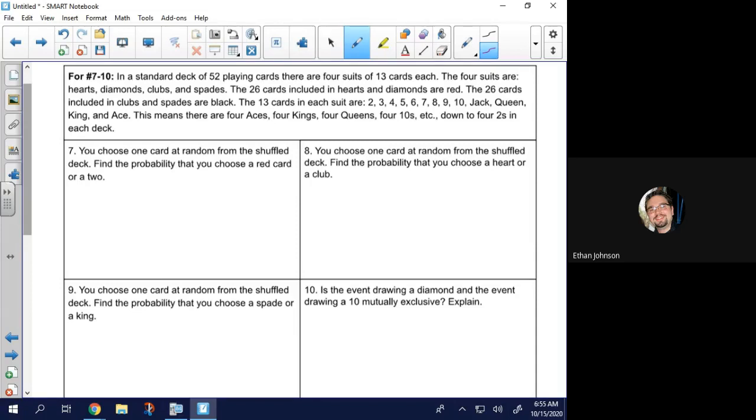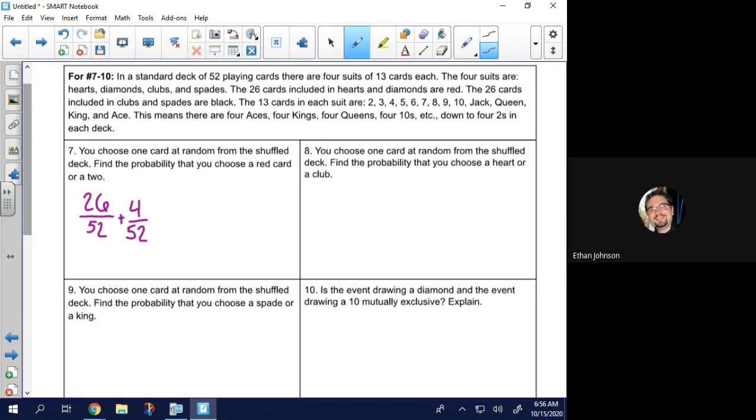Question 7 says, you choose one card at random from the shuffled deck. The probability that you choose a red card or a 2. Well, reading above, I know that there are 26 red cards out of the 52. And then drawing a 2, I know that there are 4 2s in the deck of 52.